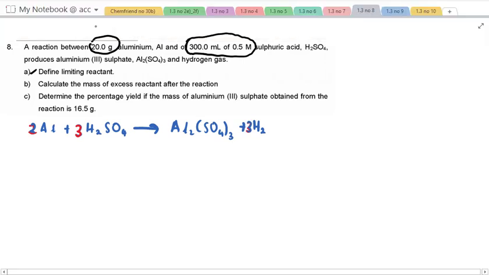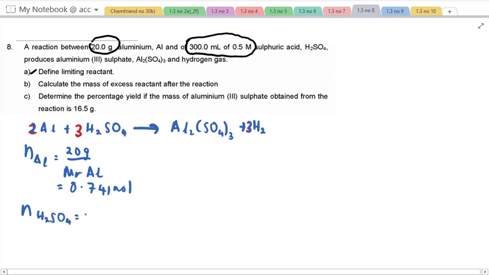Okay, then next is to calculate the mole for both reactant. So mole for aluminium is, as usual, the mass divided by the molar mass of Al. So the mole for Al is 0.741 mole for aluminium. How about mole of sulfuric acid?